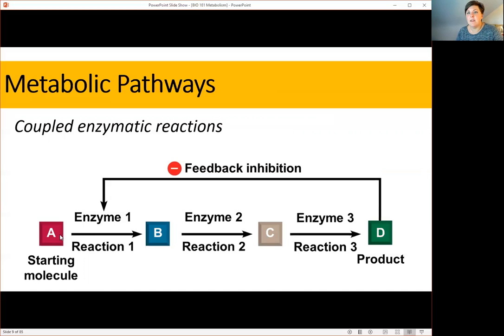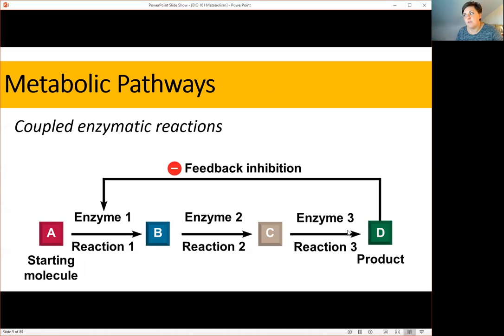What happens is reaction 1, which is facilitated by enzyme 1, converts A to B. Then B is converted to C by reaction 2, which is catalyzed by enzyme 2. C is then converted to D by a reaction facilitated by enzyme 3. Success! We have made tons of our product.